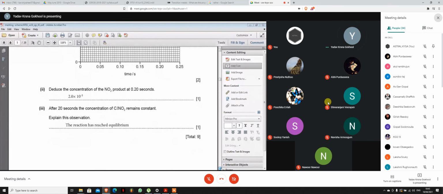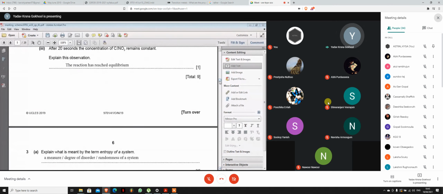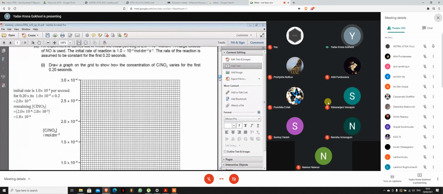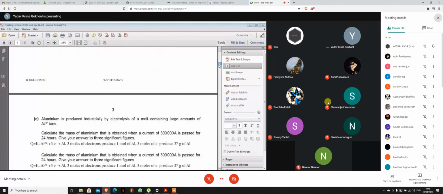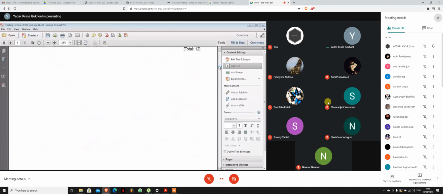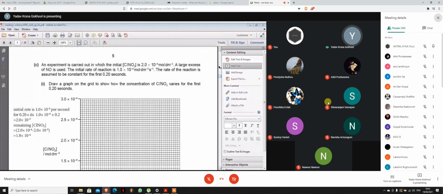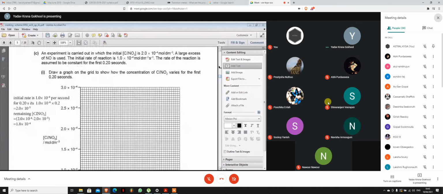Remain constant means that you have reached equilibrium, because in this reaction, you can see that the reaction is a reversible one.